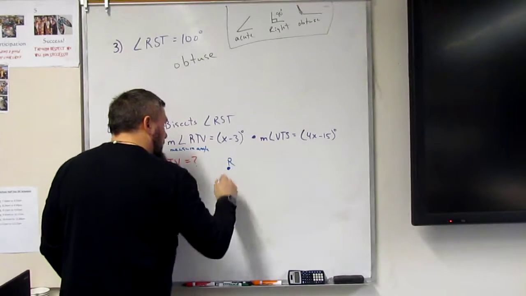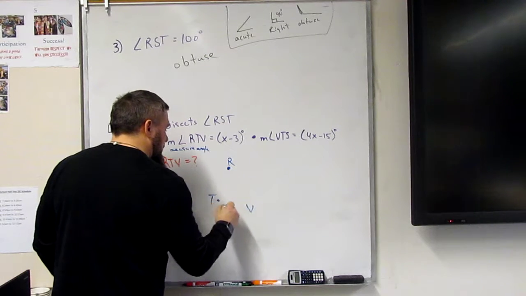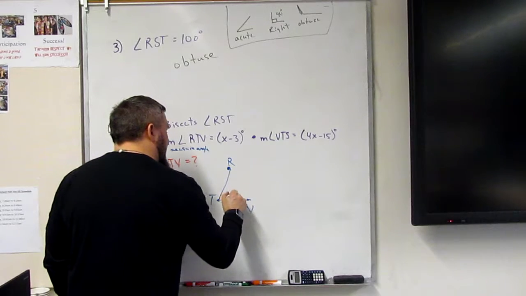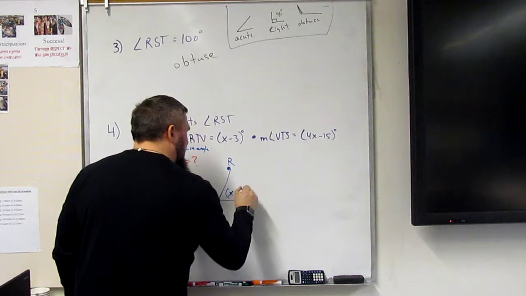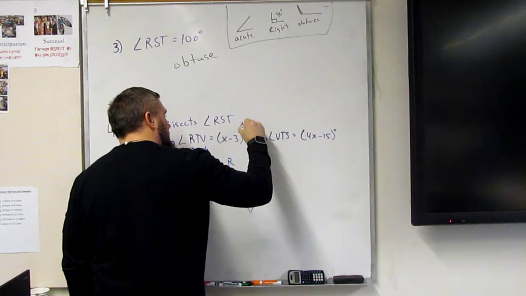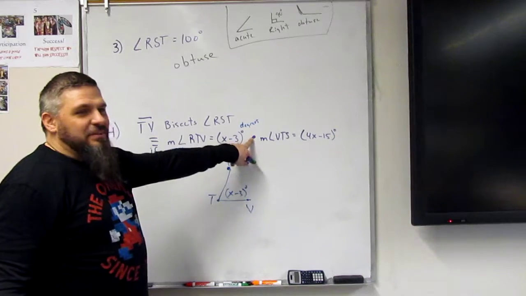R, T, and V. So if the measure of angle RTV is x minus 3 degrees. So this is meaning degrees. Anyone know what this means?